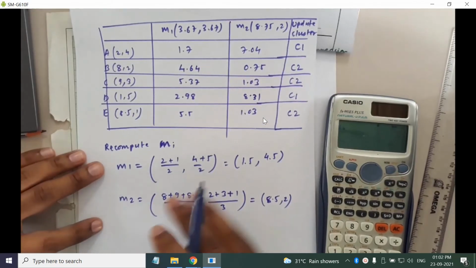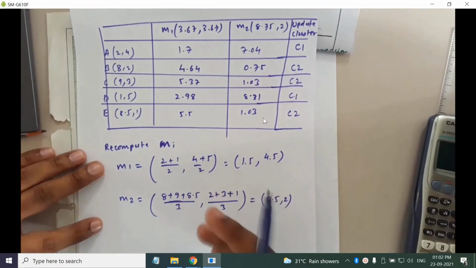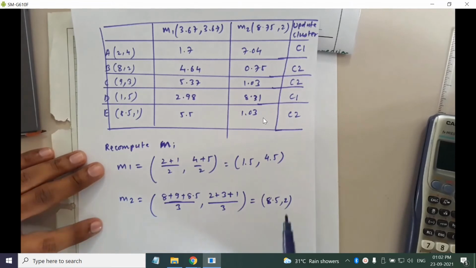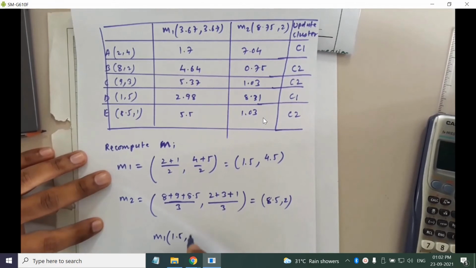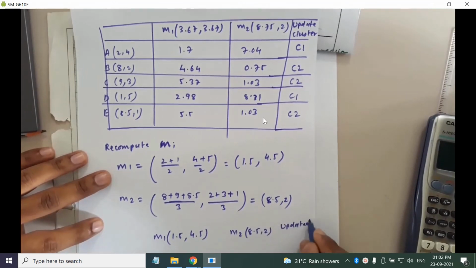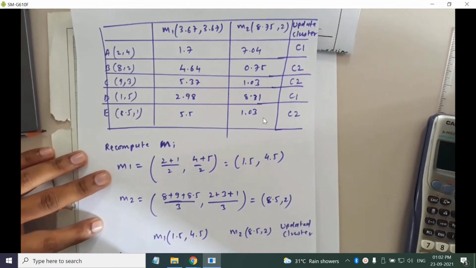So you have regrouped the clustering. Now you have to go into iteration number 2 and again reassign. You have updated m1, that is 1.5, 4.5, and m2, that is 8.5, 2, with the updated clusters and data points.